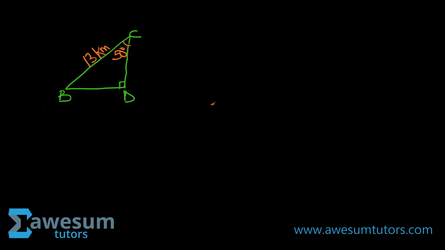If you look, this angle is facing this side, so this side is my opposite. The longer side is my hypotenuse. So if I take a look at SOHCAHTOA, the opposite is what I'm looking for, and I have my hypotenuse and I have the angle.